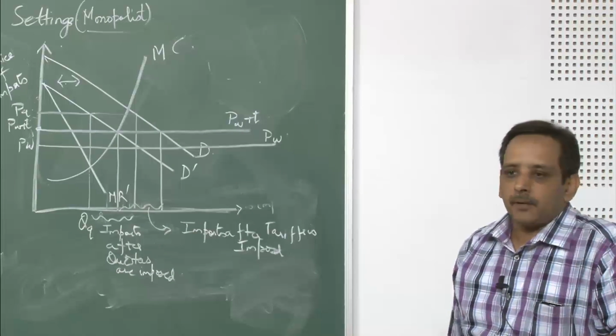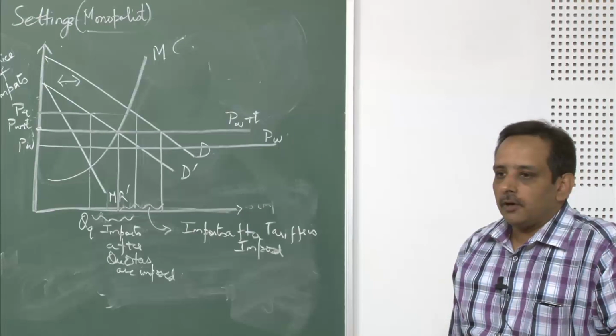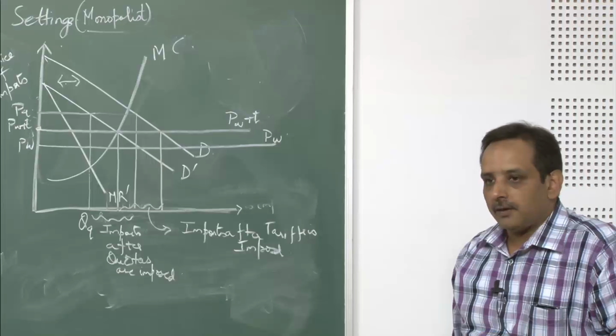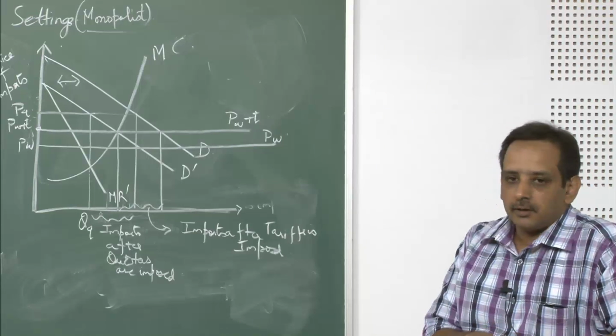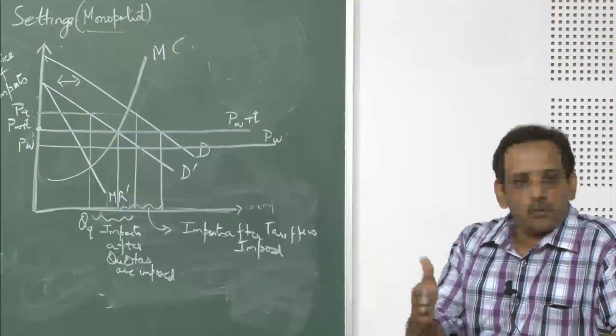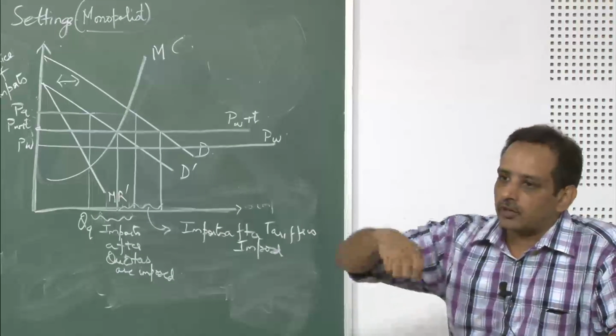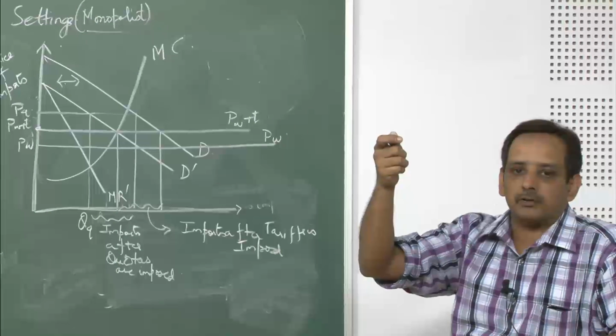Why? Because once the quotas are imposed and the imports are restricted, you, as a producer, can charge a higher price than the marginal cost.